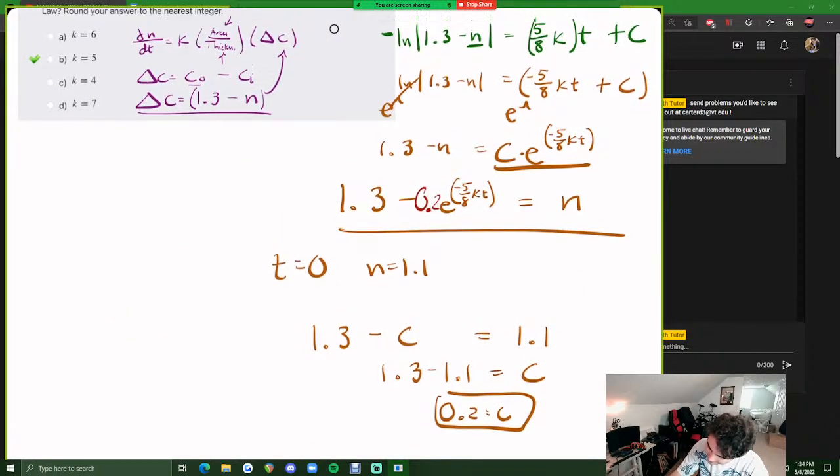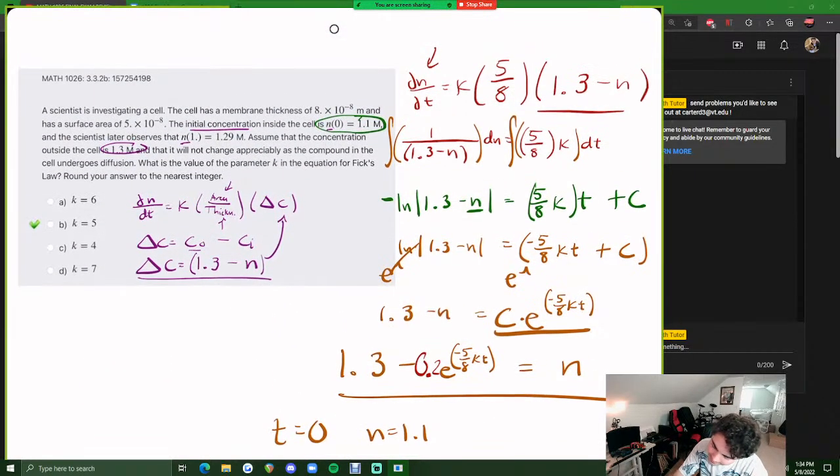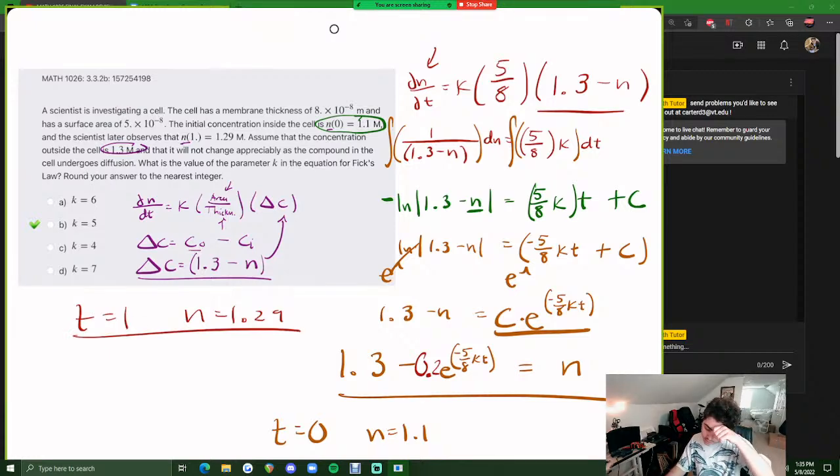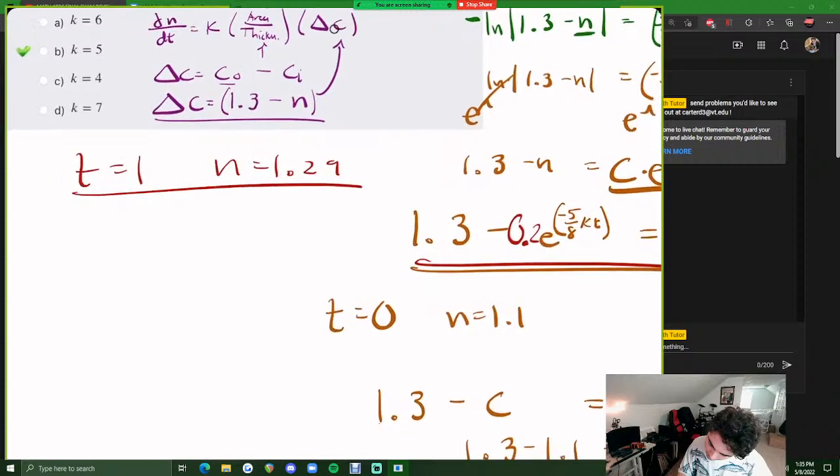And our last step is using this last condition, n of 1 equals 1.29. So we are plugging in t equals 1 and n equals 1.29. This is what we should need to solve for k here. So we will do just that.